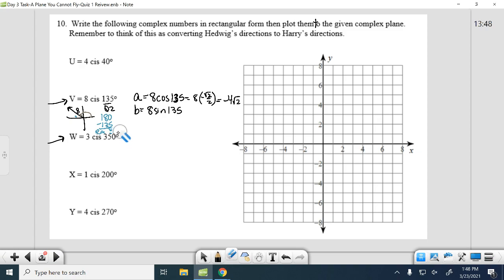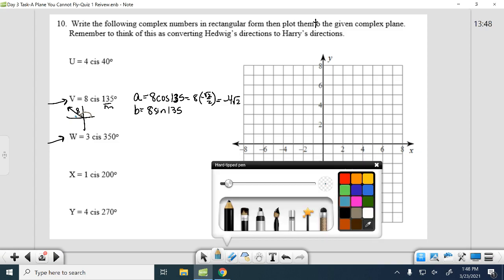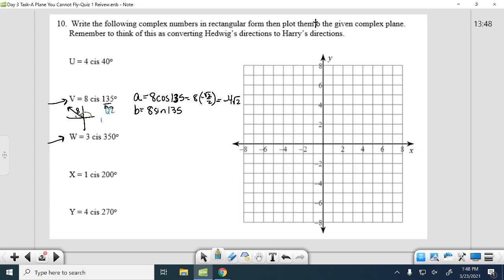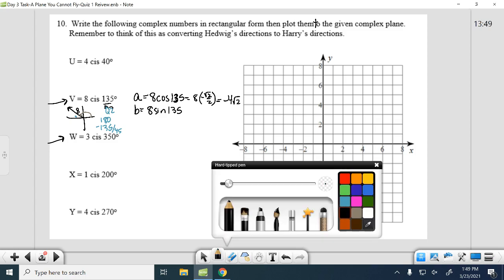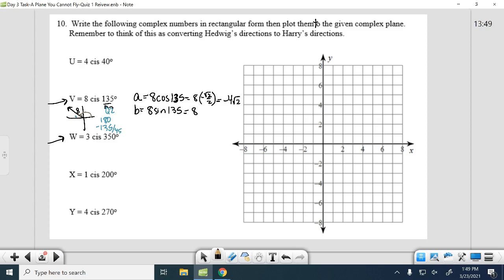Oh, I totally did my reference angle wrong. Excuse me, guys. Big mistake there. Quadrant 2, 180 minus 135 would be 45. All right, so back to b, sorry. b is r times sine of theta, and sine of 135 is positive square root 2 over 2. So we get +4 square root 2.